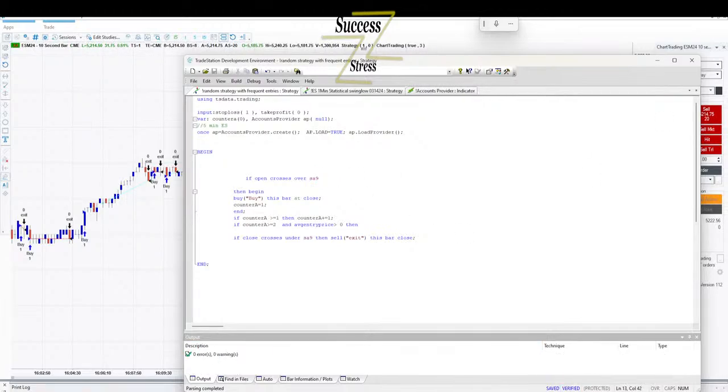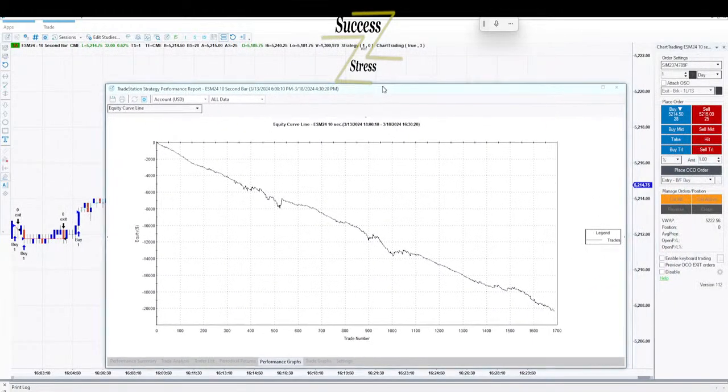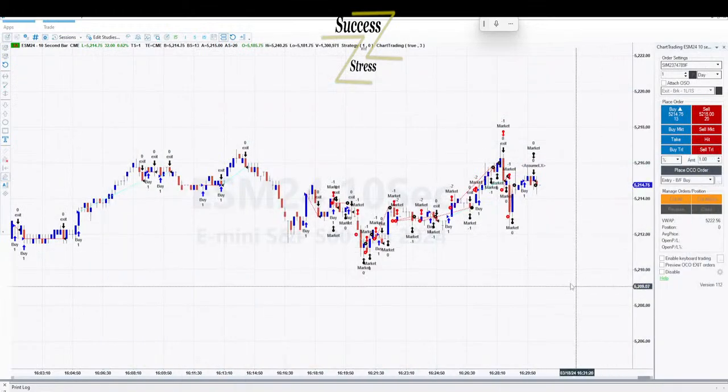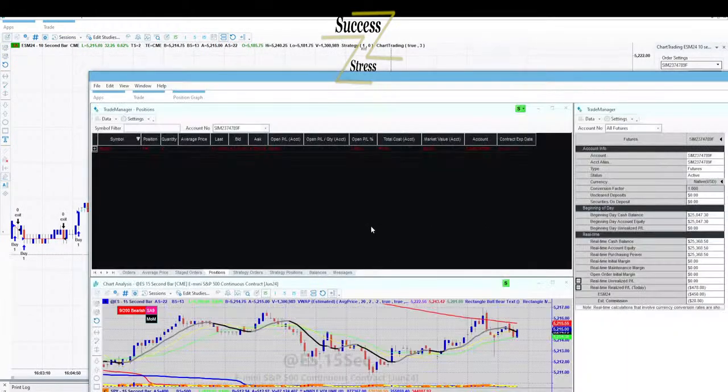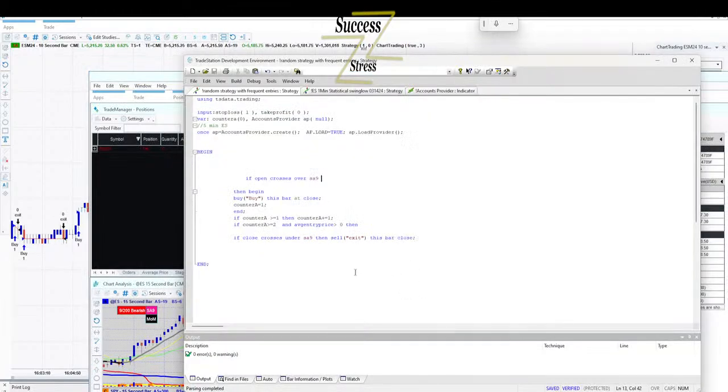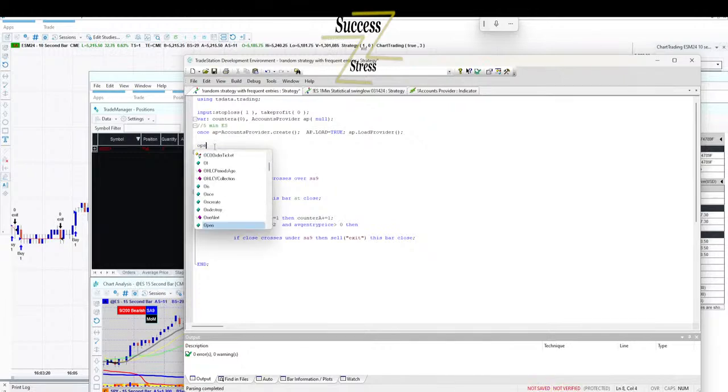Okay, that strategy is not much better. All right, let's modify it a little bit more. If the open crosses over the 9-period moving average, then buy. Let's say that the whole thing has to be over the 200-period moving average. So open is over, let's say, 200. Order filled.